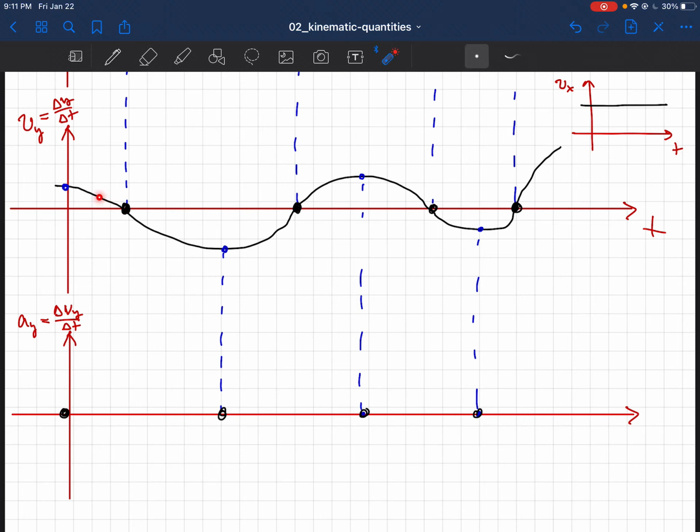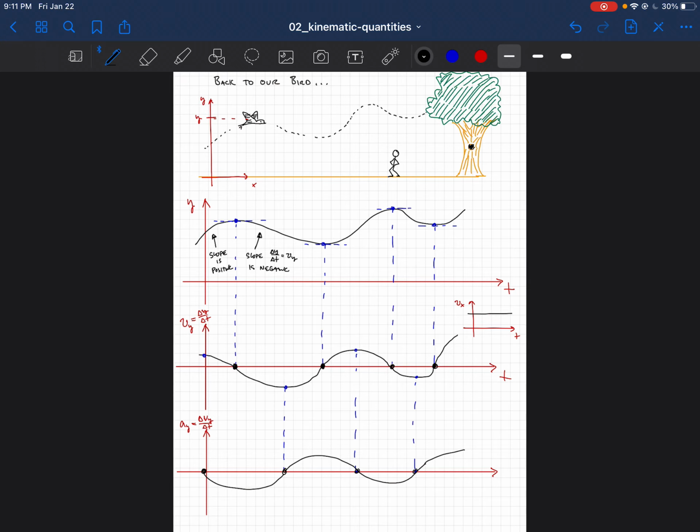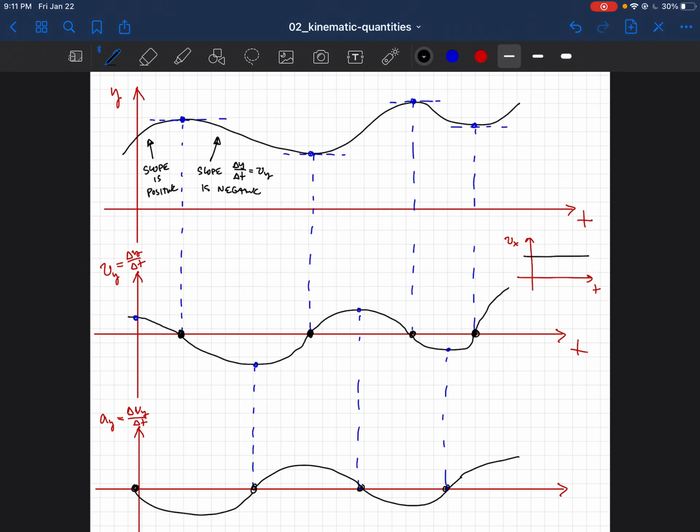And then again, we look at the slope. Well, you can see the slope is negative in between these 2 points. So that means I need to draw a negative curve here. The slope is positive here. So I draw a positive curve here. And then it becomes negative and then positive. And it's positive there. So this is a very qualitative sketch, but it does contain some information.